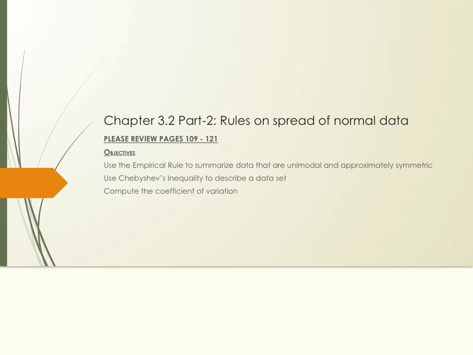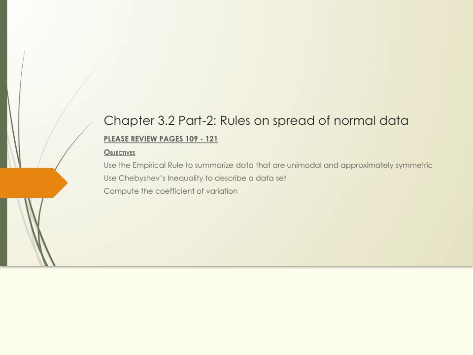So far in this chapter, we've talked about standard deviation and variance, and so we're going to continue our discussion on the spread of normal data sets and the rules thereof in chapter 3.2. This is part 2 of that.